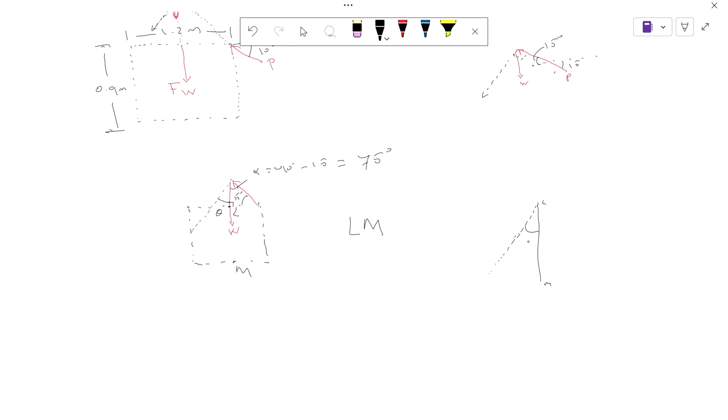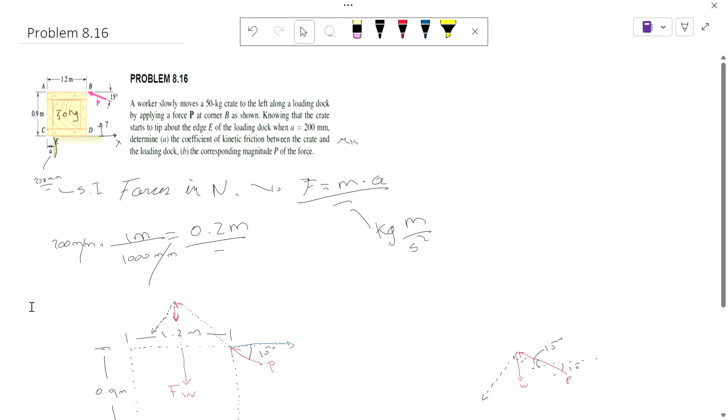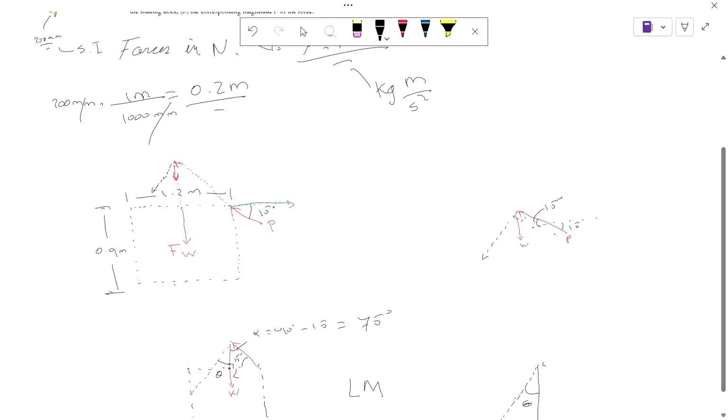and we have an angle right here that we're trying to find. We know that this right here is 1.2 as well. 1.2, so the middle point is at 0.6. And this is A, so therefore this is 0.4.